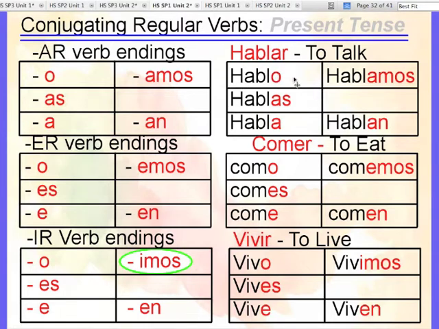Yo hablo, I talk. Tú hablas, you talk. Ella habla, she talks, or él habla. Nosotros hablamos. Ellos hablan. So here are endings, and you can see the pattern with AR and ER verbs. O, as, a, amos, an. O, es, e, emos, en.